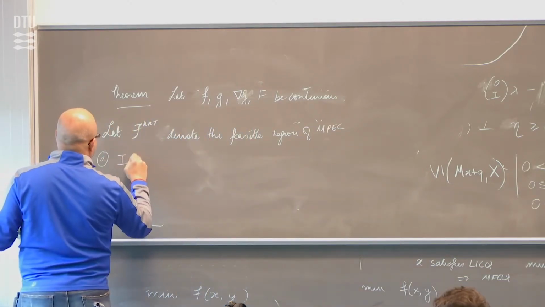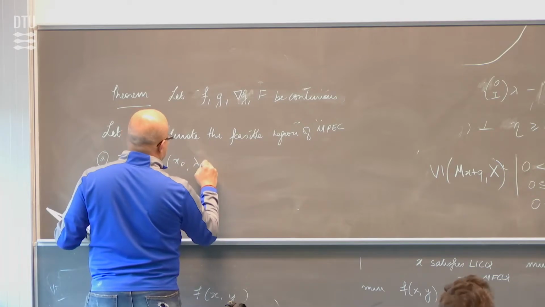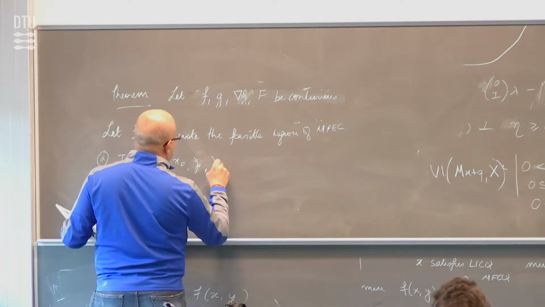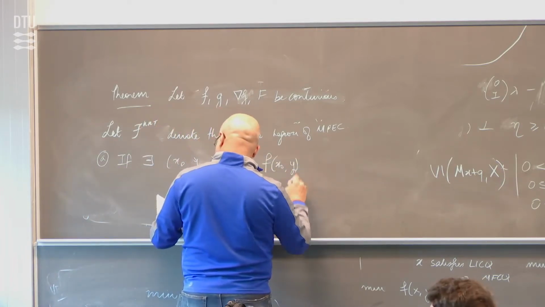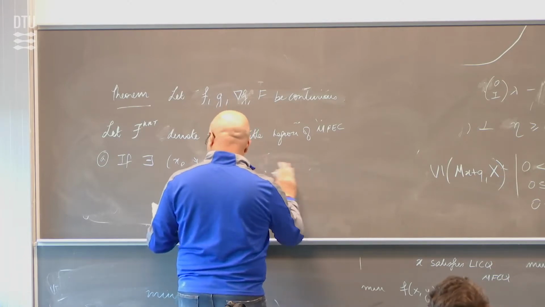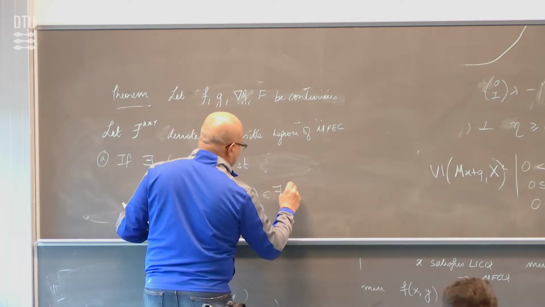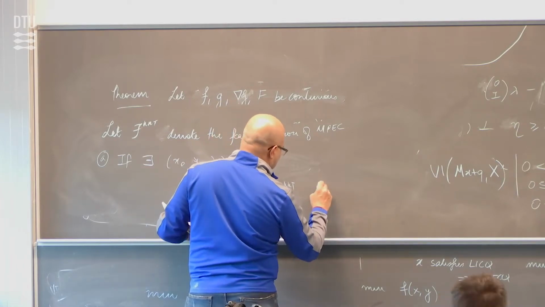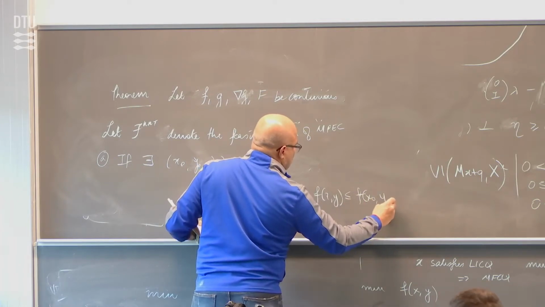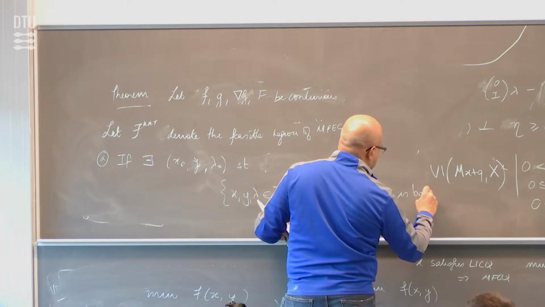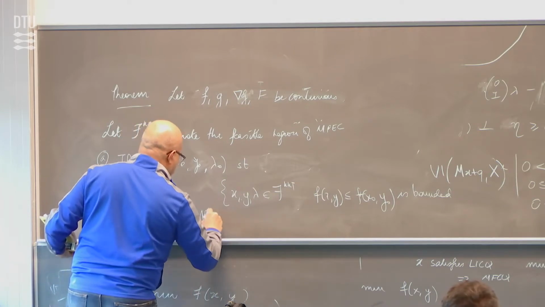If there exists x0, y0, lambda 0 such that the set of (x, y, lambda) in F_KKT such that f of x, y is less than f of x0, y0 is bounded, then the MPEC has a solution.